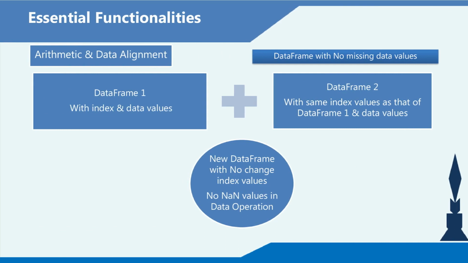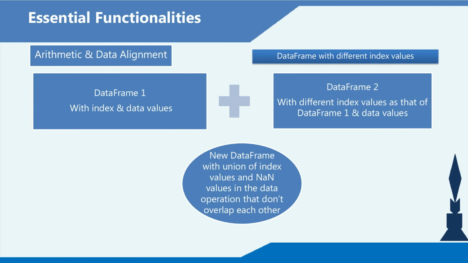If the data frame objects used for arithmetic and data alignment have the same kind of index values with no missing values, then the resulting data frame has no change in the index values and no NaN values in the data operation.